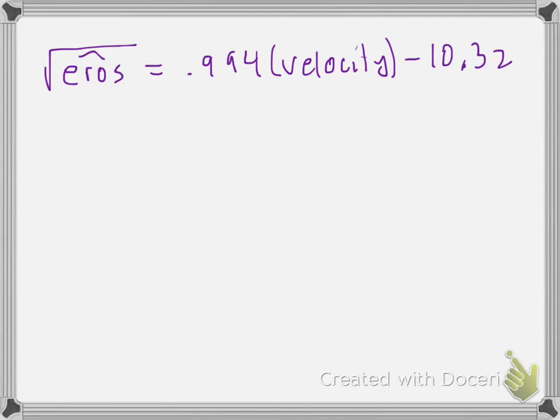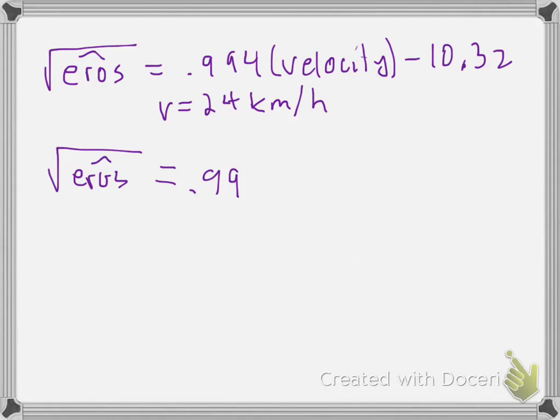Okay, and so they're asking us to make a prediction when V is 24 kilometers per hour. So I'm going to get the square root of the erosion equals 0.994 times 24 minus 10.32.